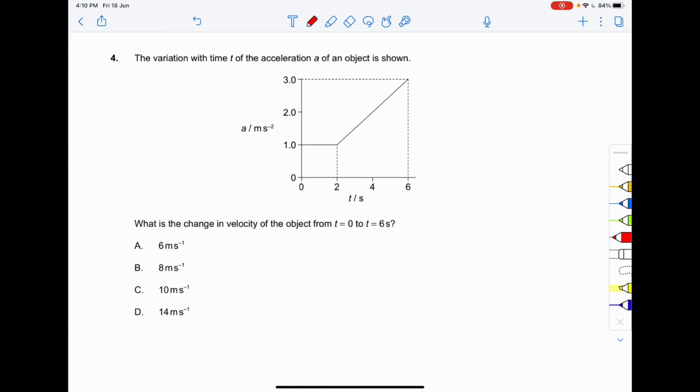Okay, so we need to find out the change in velocity of the object from t equal to 0 to t equal to 6 seconds, right? We know that the area under the a-t graph, the area under the acceleration-time graph, gives our change in velocity.